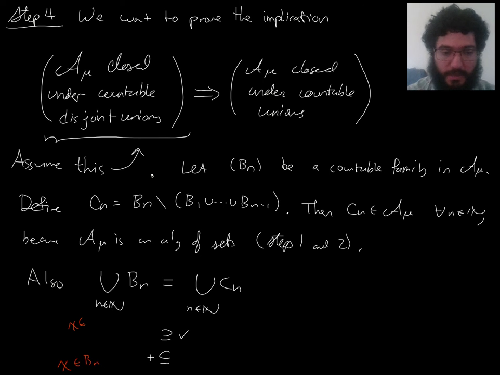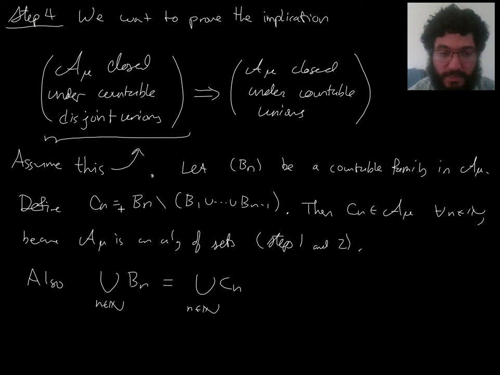But what you'd want to do is take the smallest n such that x is in B_n. Then if you make n minimal with respect to the fact that x is in B_n, then you'll see that x is in C_n, because x would be in B_n, but not in any of these other ones due to the minimality of n. So we get both inclusions. So when you do this kind of thing, you do keep the union being the same.